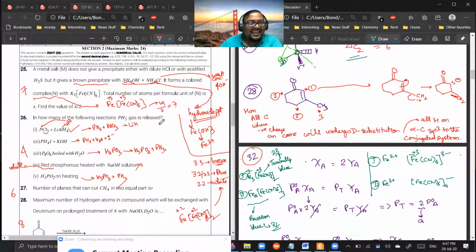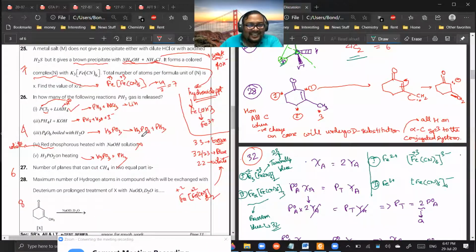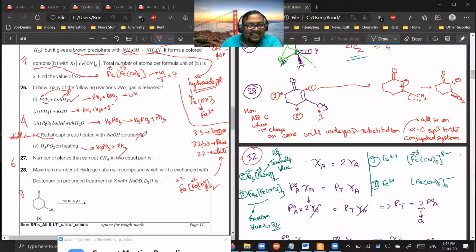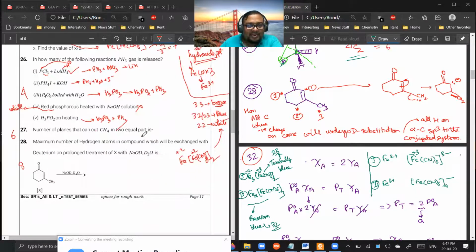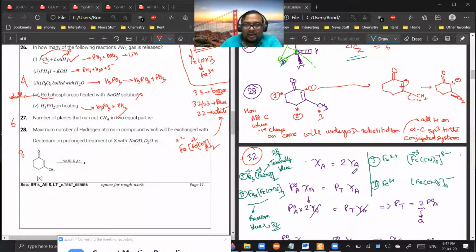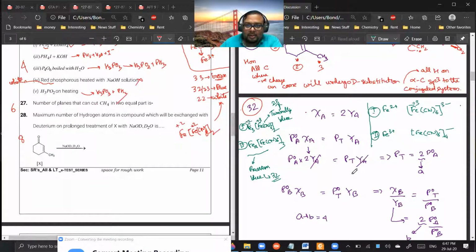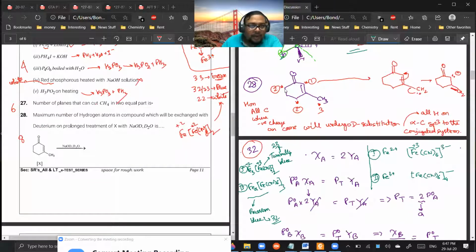Okay, yeah, so after this, 28, is it out? Okay, 28, I have drawn the hydrogens here. All the alpha sp3 hydrogens, which are alpha to a pi bond, will get deuterated.